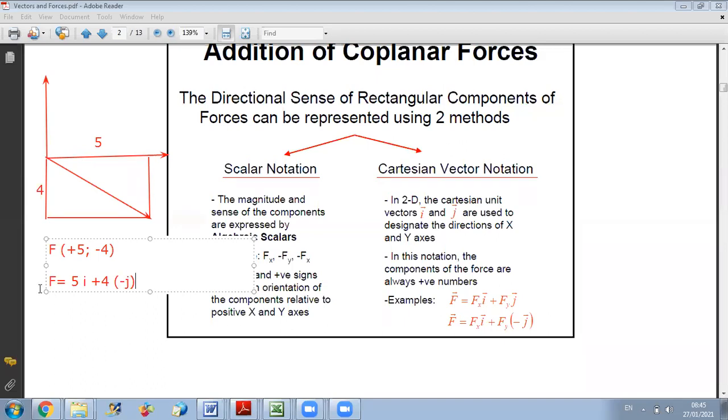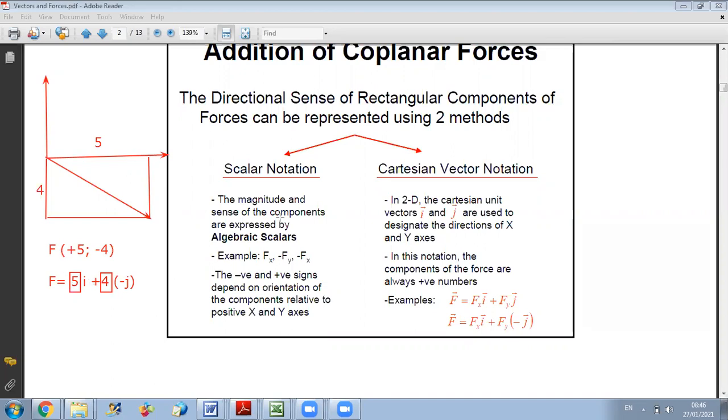In the vector notation, these components are always positive, but what gives me the sense of whether it's positive or negative is the unit vector. So if it is along minus j vector, it's opposing j. And here, because it's oriented along positive x, it's plus i.